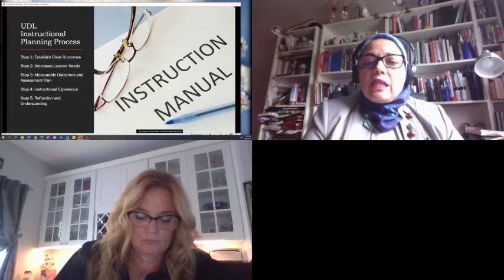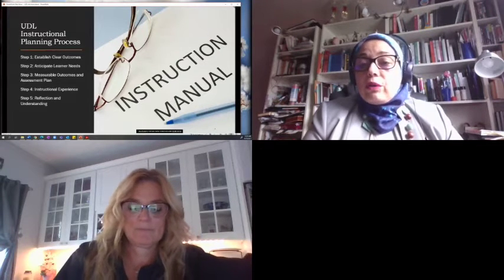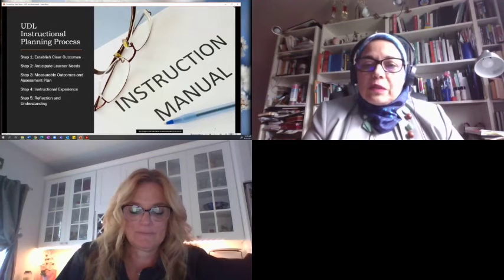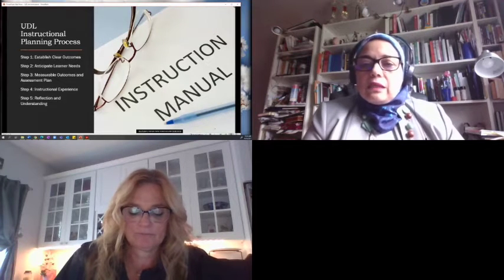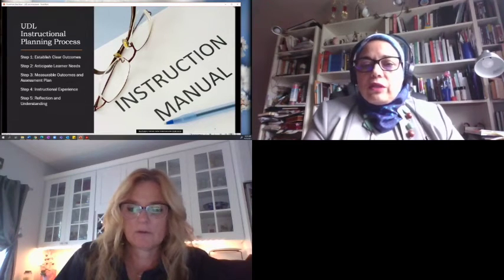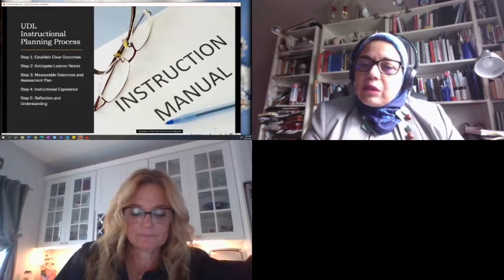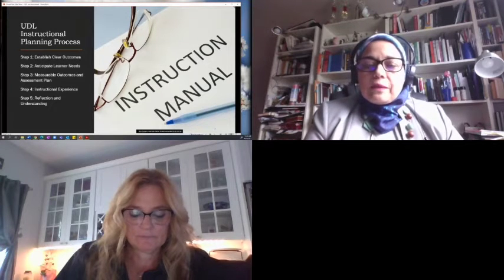Number 1, establish a clear understanding of the goals of the instruction and specific learner outcomes. Or in other words, the big ideas, what we want learners to understand, and any potential misconceptions that could be barriers to learning.